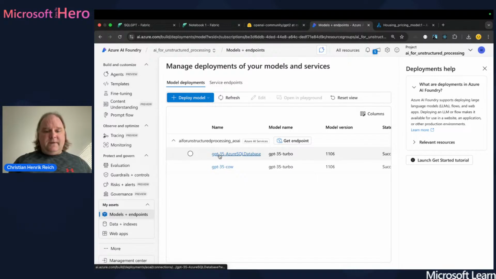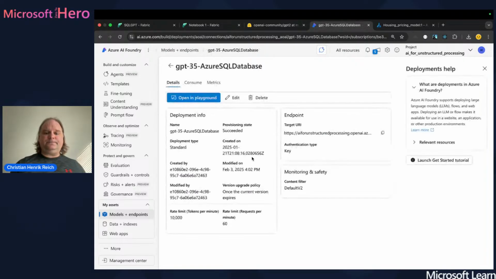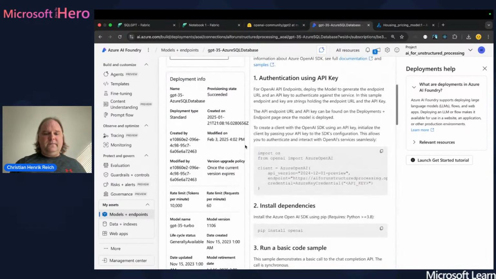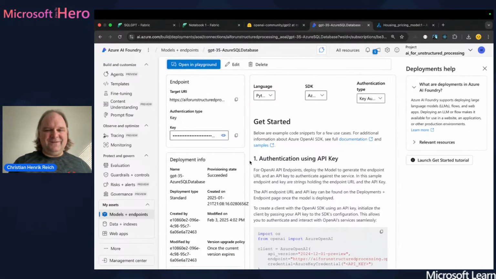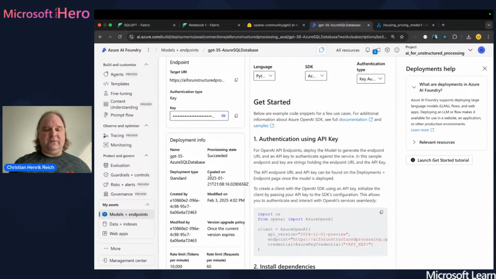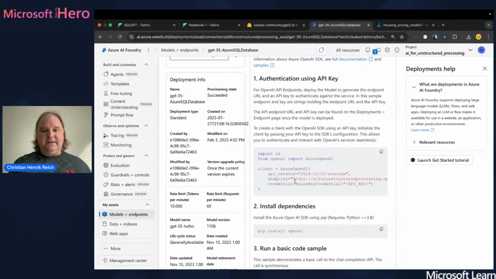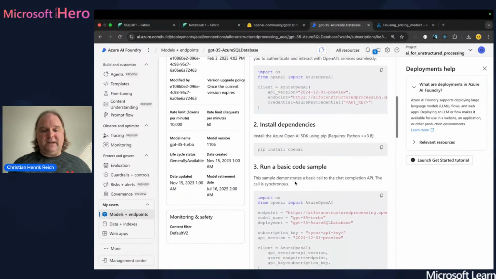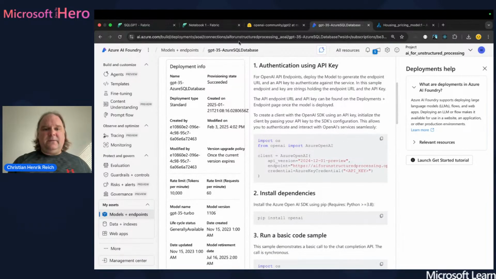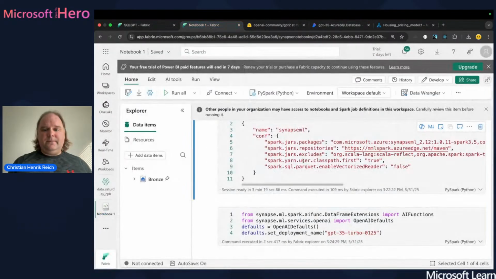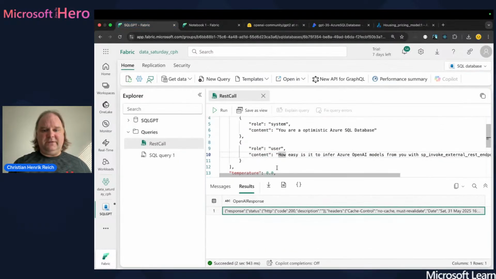The one we used here is a GPT 3.5 Azure SQL database model. And if anybody remembers the password, well done. It's also being recorded, so yeah, it's going to be changed. I get an endpoint and a key, because that's what I need to infer the model, and I get an example of how to code against it. That is what I brought into my script here.